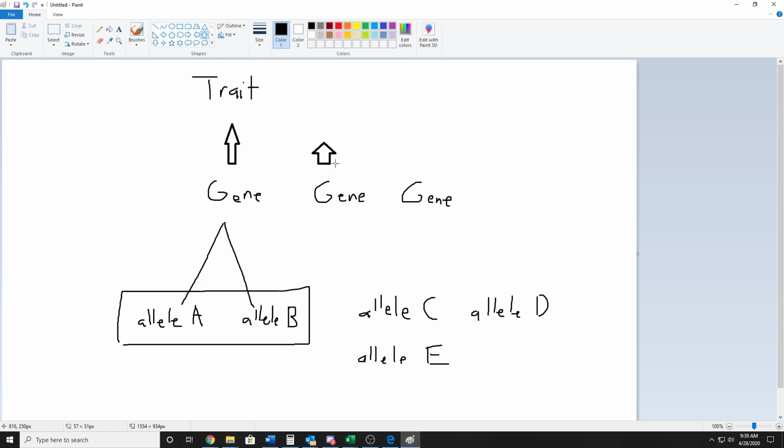So these are really bad arrows. I'll just do lines. All right, delete this. So you have multiple genes that control a trait, whereas in multiple allele traits you have more than 2 different alleles that you can make possible combinations and genotypes with.